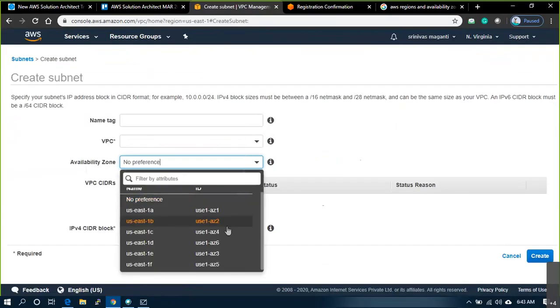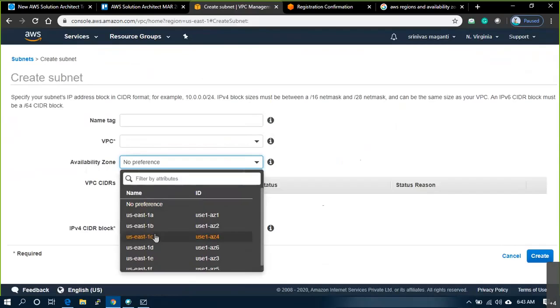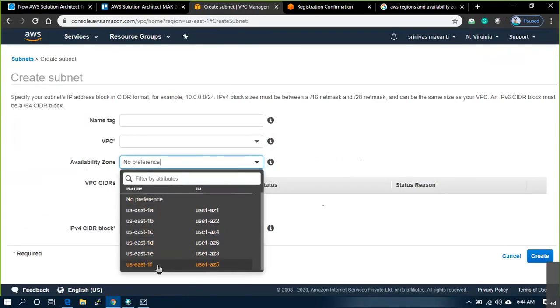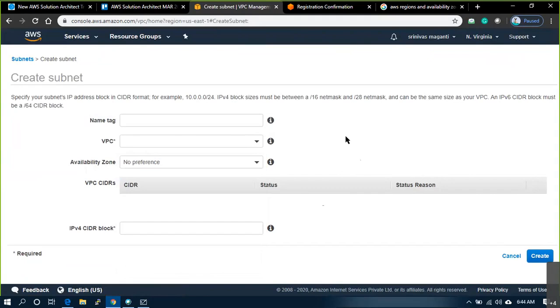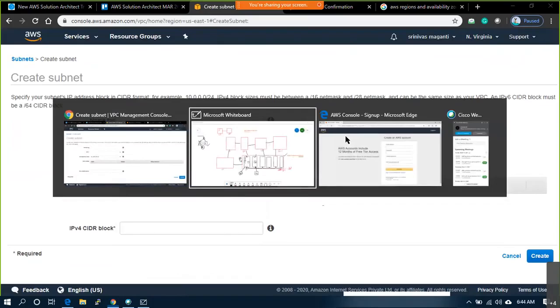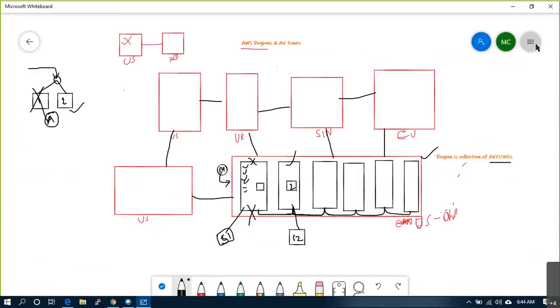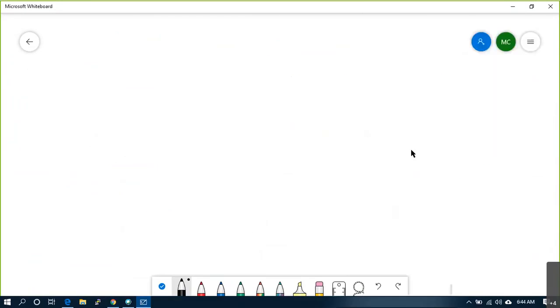You have six availability zones, which means six different buildings in the same region. Understand? So let's move on.